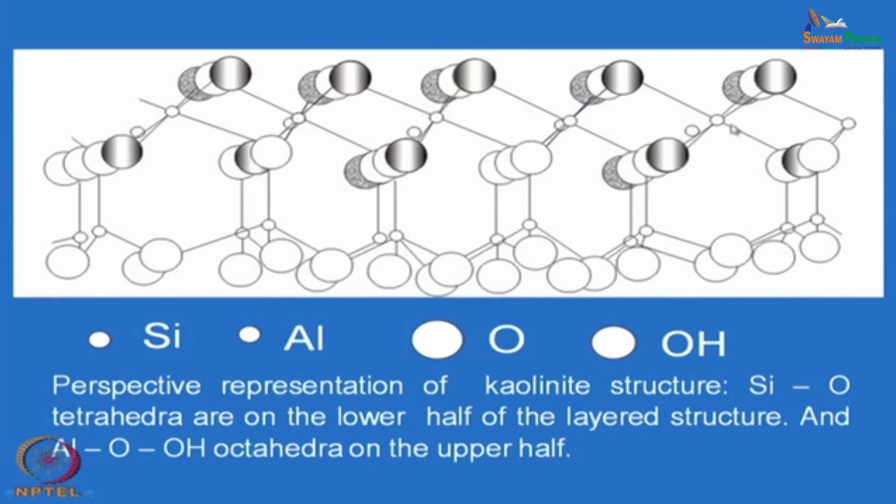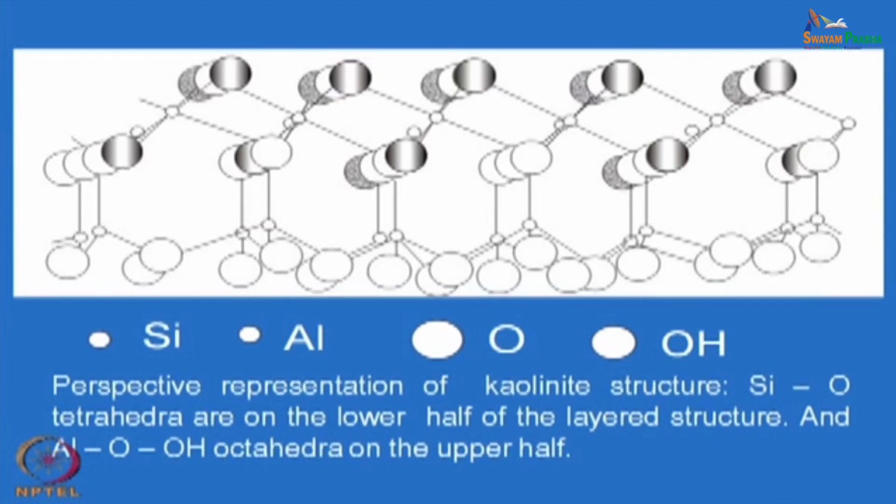Okay. And another distinctive feature of this structure is aluminum has an octahedral coordination, whereas silicon has a tetrahedral coordination. So, aluminum has an octahedral coordination, but not all the anions are oxygen, only part of them are oxygen and partly hydroxyl.